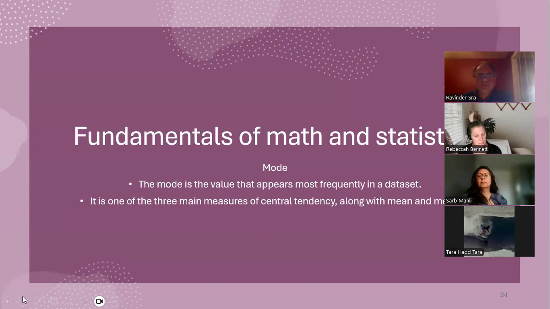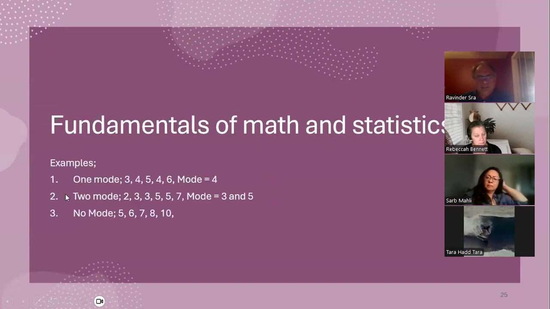And I give you examples here. This is the first example: 3, 4, 5, 4, and 6. Here 4 appears 2 times. It means the mode is 4.